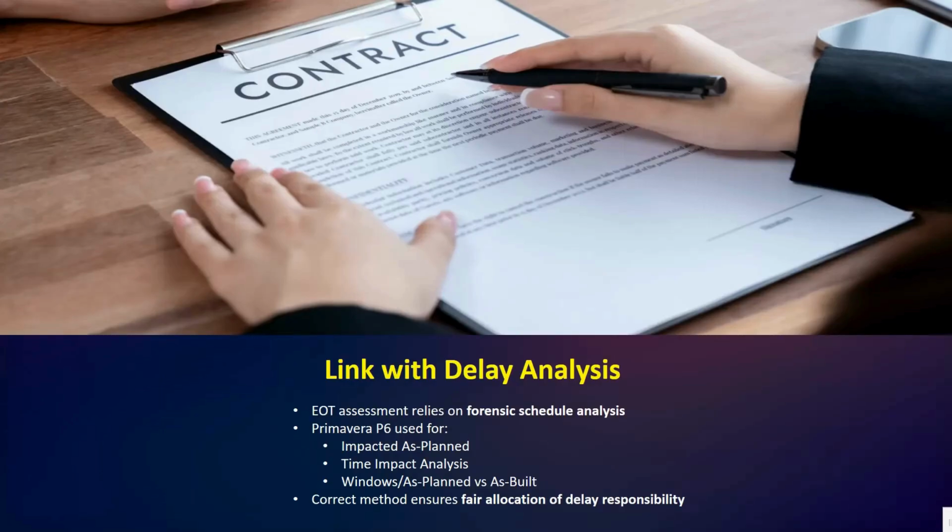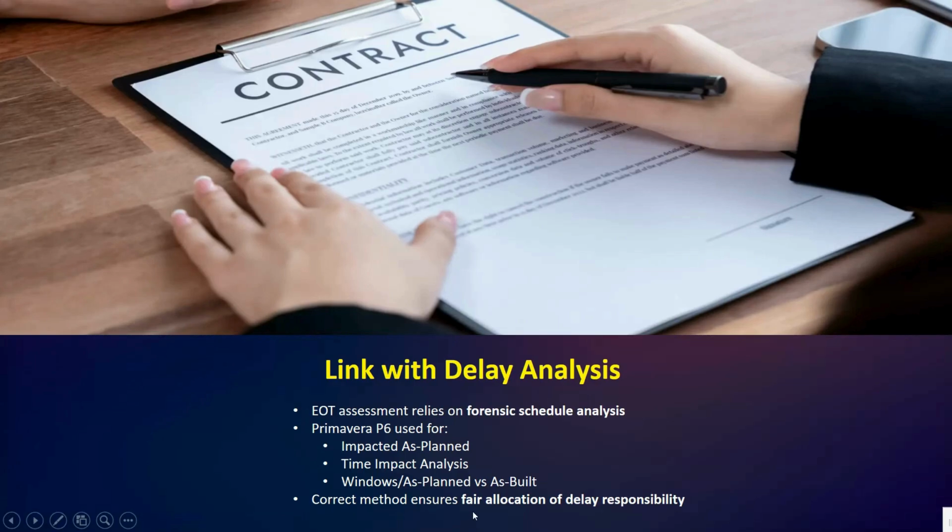Next, we have the link with delay analysis. The assessment of EOT claims is directly linked to delay analysis techniques. We use Primavera P6 and forensic schedule analysis to identify the real impact of each delay event. Commonly used methods include impacted as-planned, time impact analysis, then windows analysis, or you can say as-planned versus as-built analysis.